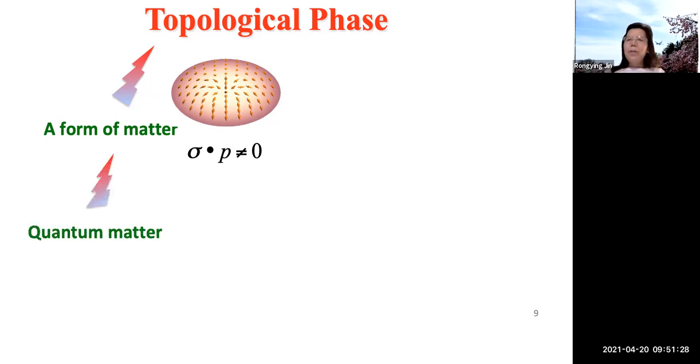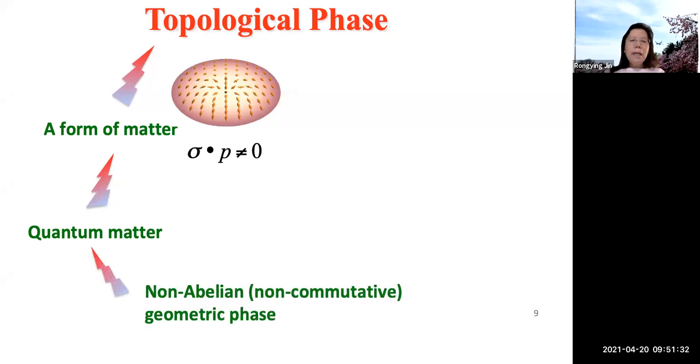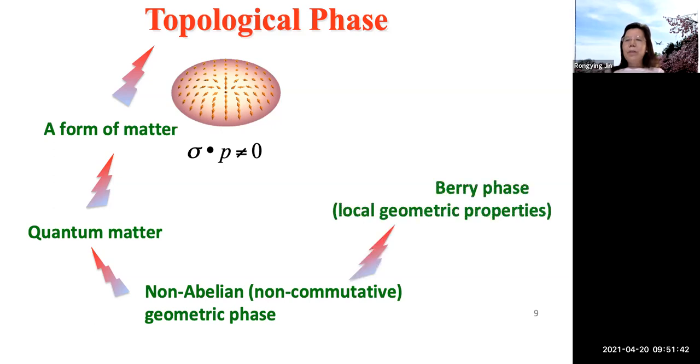All right, no need to say this is a quantum matter. And as I already mentioned, it's interesting because it's a non-commutative geometrical phase. And also, there is something I won't go into detail on today, Berry phase, or just to say local geometrical phase.